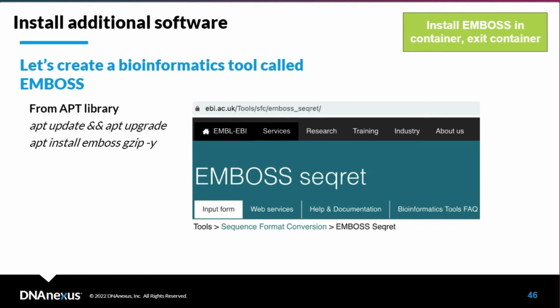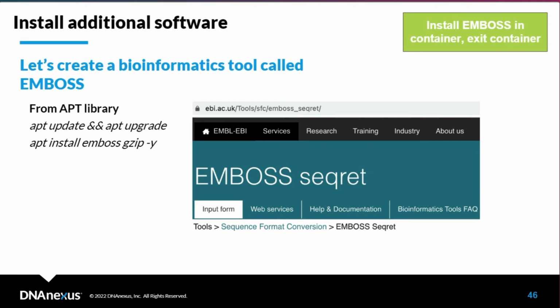We would also need gzip. With that, if we are successful, the tool is now available inside our container. I would like to mention here that the EMBOSS tools also have a web-based alternative with a GUI, so you can always compare functionality of the command line interface versus the graphical interface.